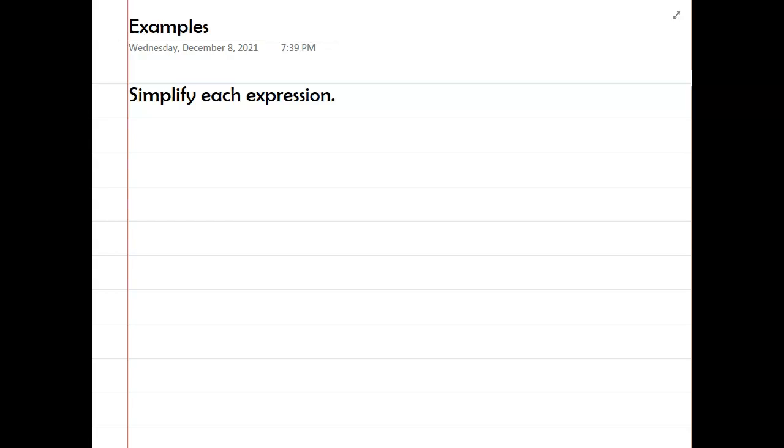So understanding the why is really important, because if you confuse the rules, if you're not sure, well, am I supposed to add the exponents? Am I supposed to multiply the exponents, subtract them? What am I supposed to do? If you understand where the rule comes from, if you get a problem that you're not sure what you're supposed to do with the exponents, you can expand out your power.